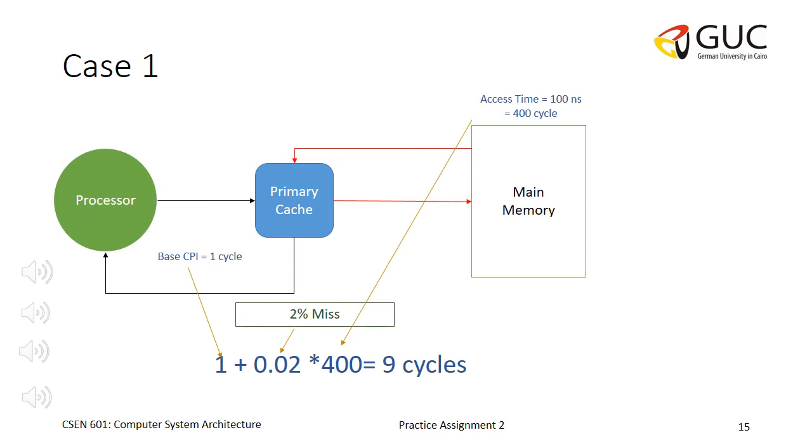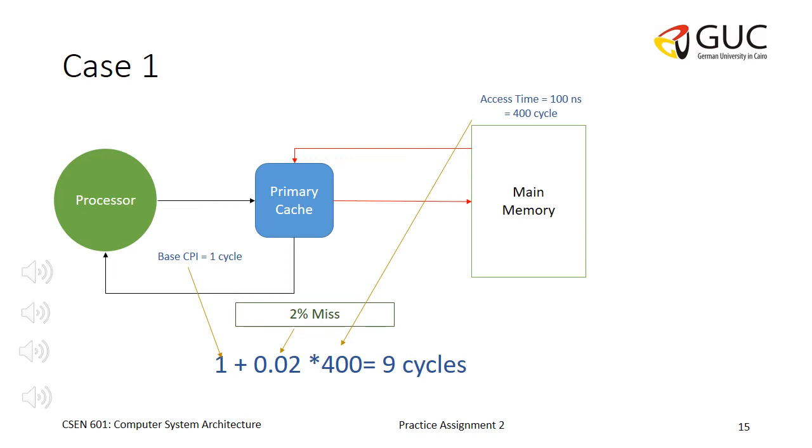Okay, this is what is meant by one cycle, base CPI. So if you have 100 instructions, they will at least consume 100 clock cycles, because each instruction will at least have the base CPI. Okay, this is for the base CPI.